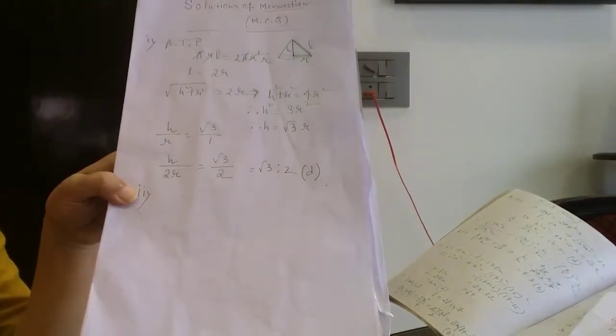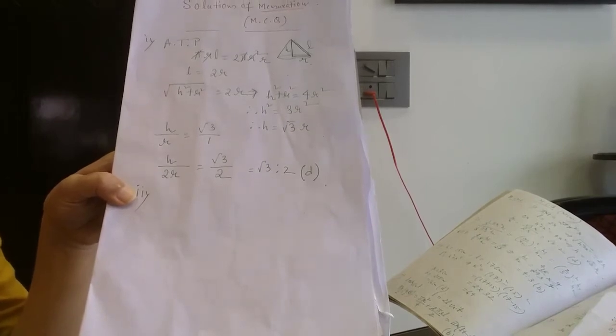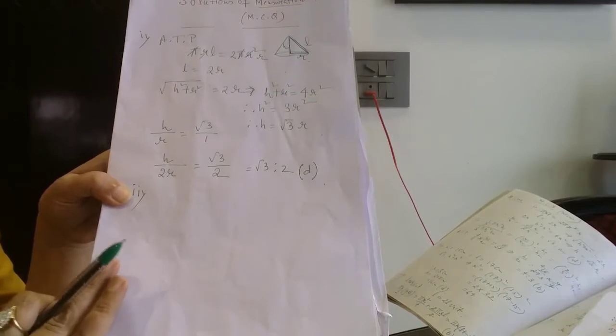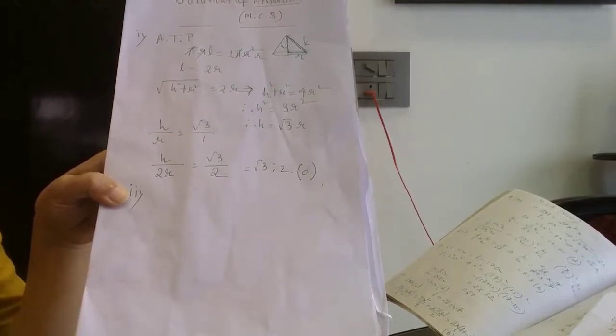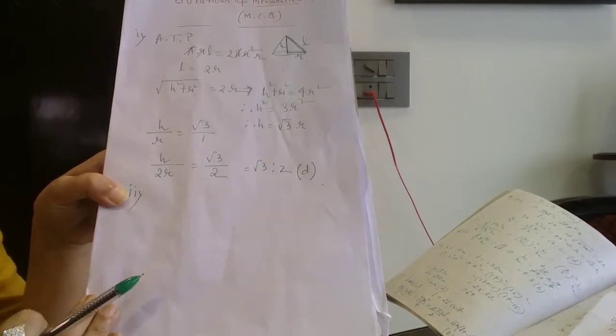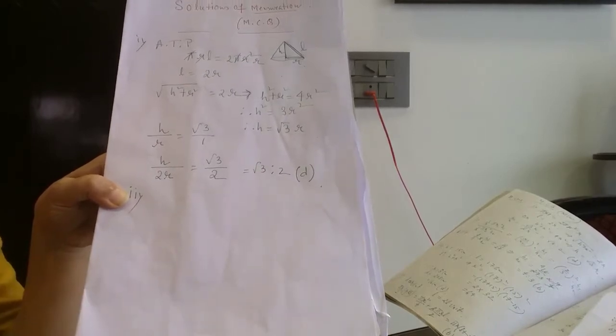Now there are two separate cones. So the radius of one cone we will take R1 and the other cone R2. The height of one cone we will take H1 and the other cone H2.